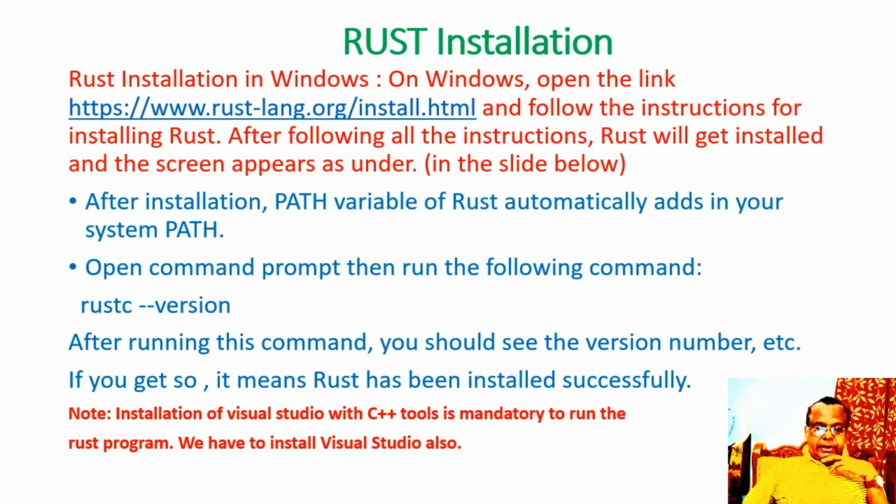After running this command, you should see the version number. If you get so, it means Rust has been installed successfully.